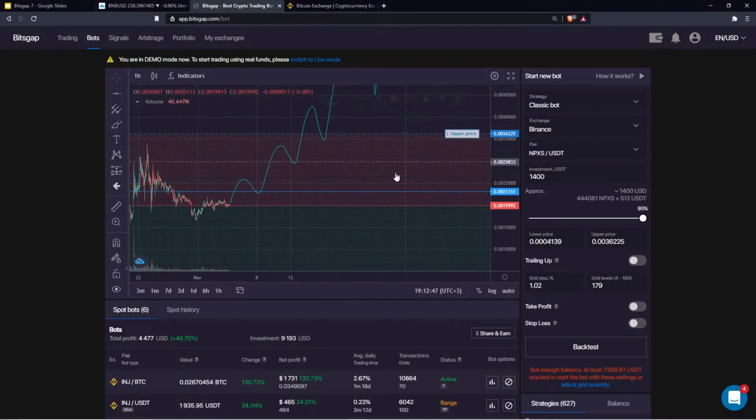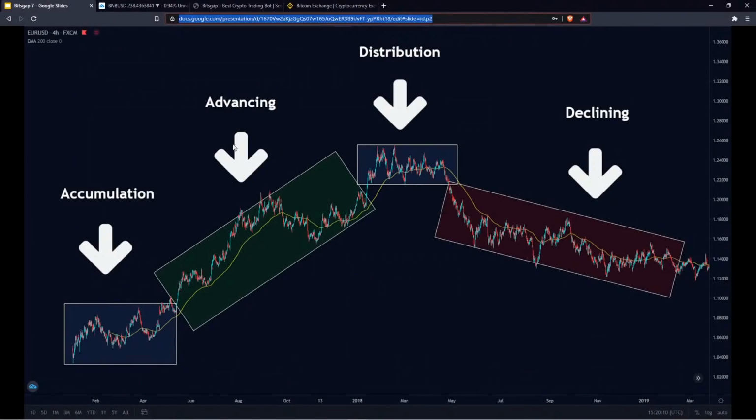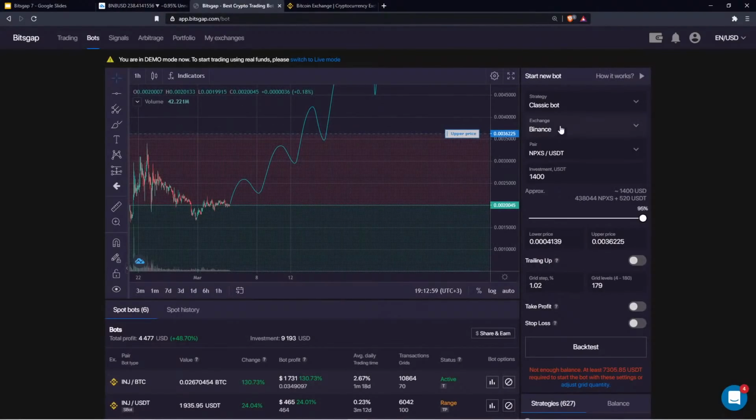So that's why when you anticipate the market to rally, when you anticipate the market to enter the advancing mode, or you identify that you are already in the advancing mode, then sticking with the classic bot will bring you higher returns, because your risk exposure with the rising price increases respectively.